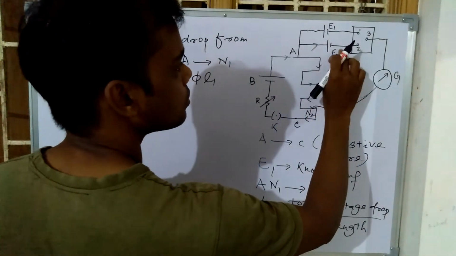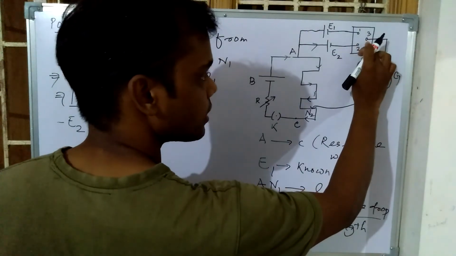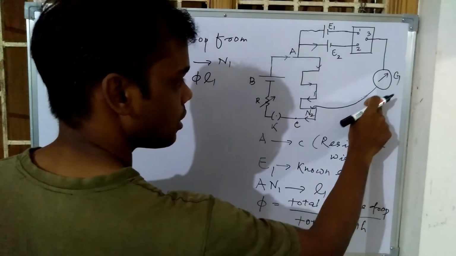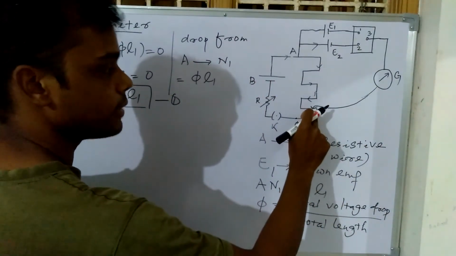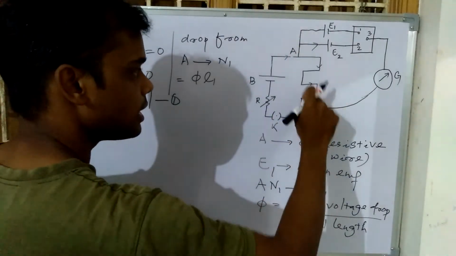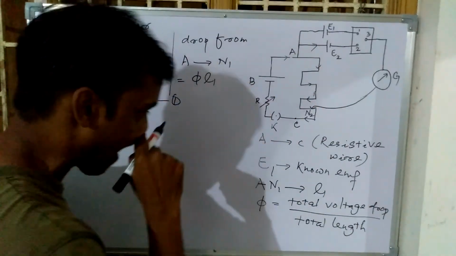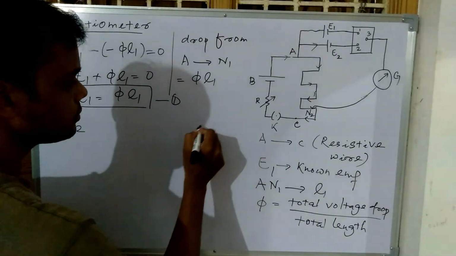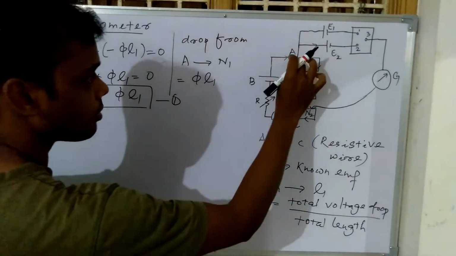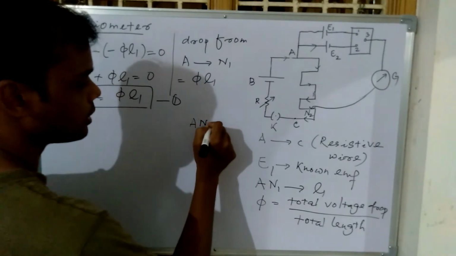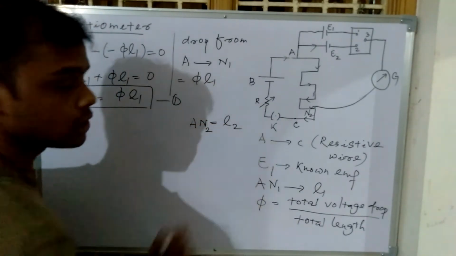Then from point 2 to 3 this is connected, then through the galvanometer, where the drop is 0, and up to N2 through this path again. But here let the length be L2. Let the length from point A to N2 be L2.